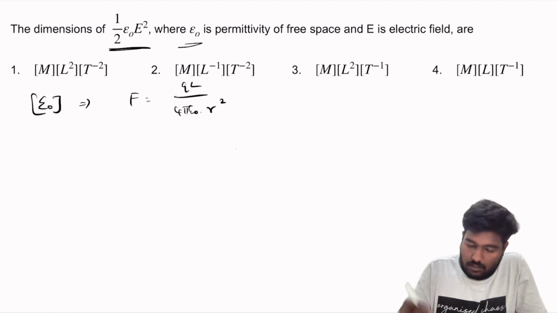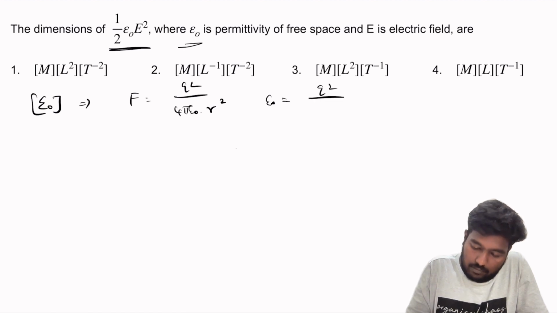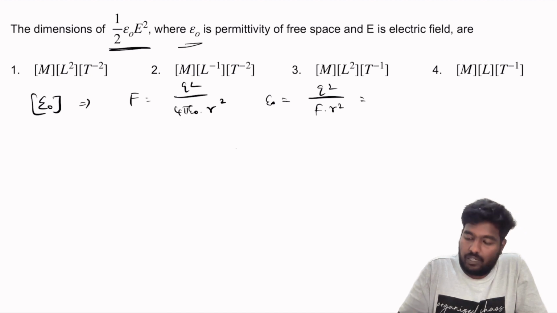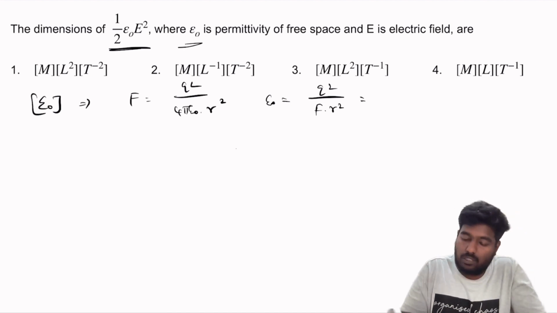So epsilon naught is Q square divided by F into R square. How do you find Q?